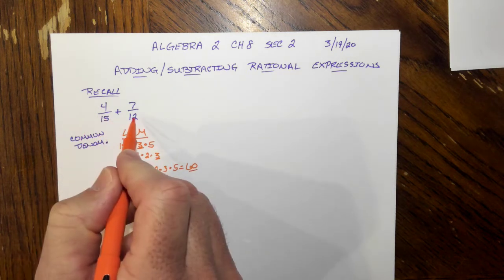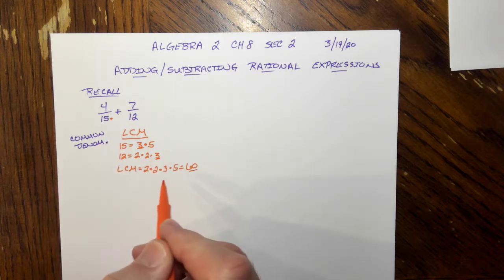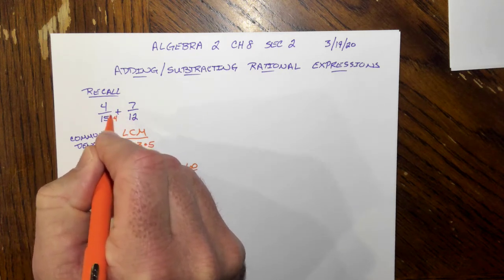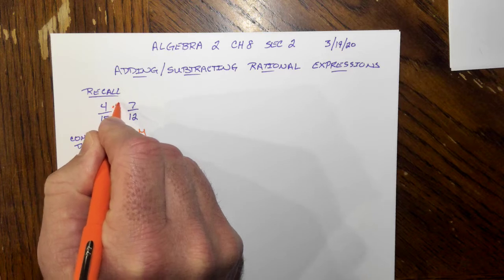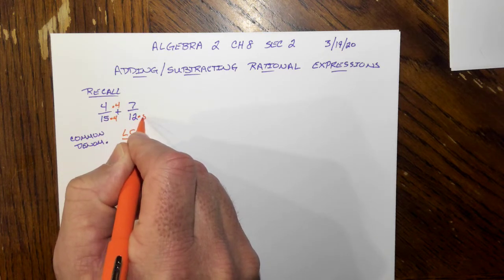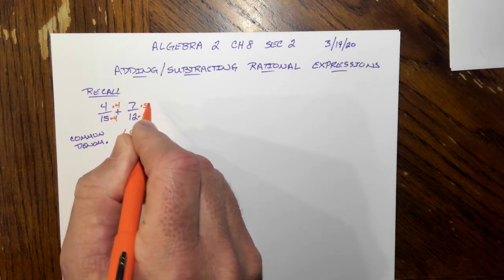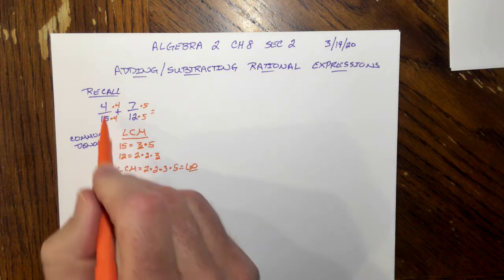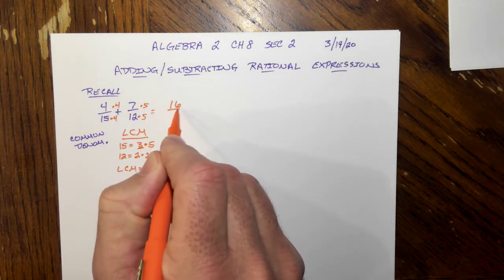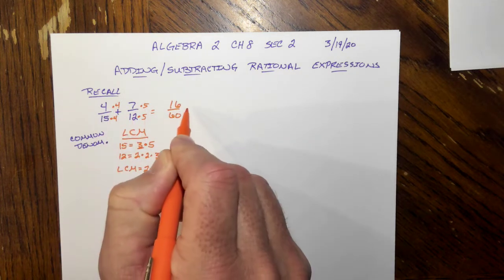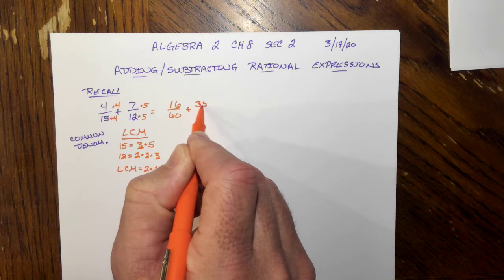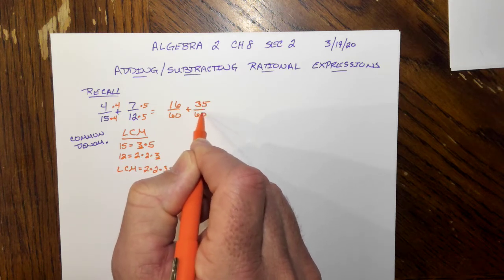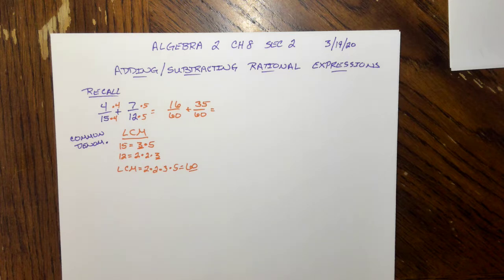So I got to multiply that by 4, what you do to the bottom, you got to do to the top. Got to multiply that by 5, what you do to the bottom, you got to do to the top. So as we're working through this, we now get 16 over 60 plus 35 over 60, which allows us to add things together.